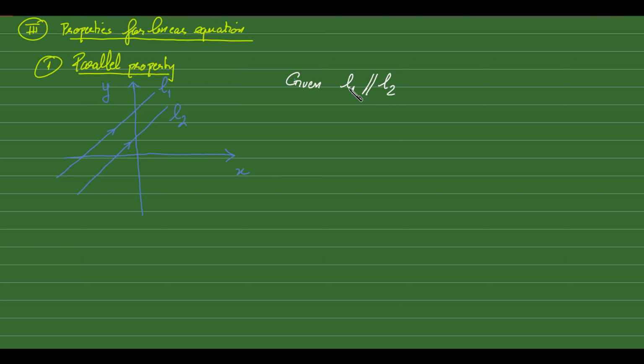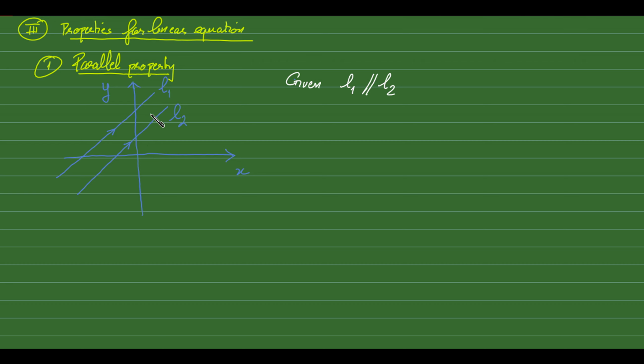L1 is parallel to L2, and as you know, every line has a slope, because every line has a number that represents how slanted the line is. However, in this case, two lines are parallel to each other, so the slope should be the same.